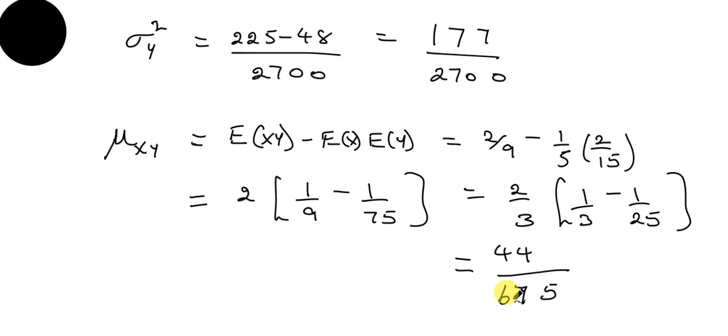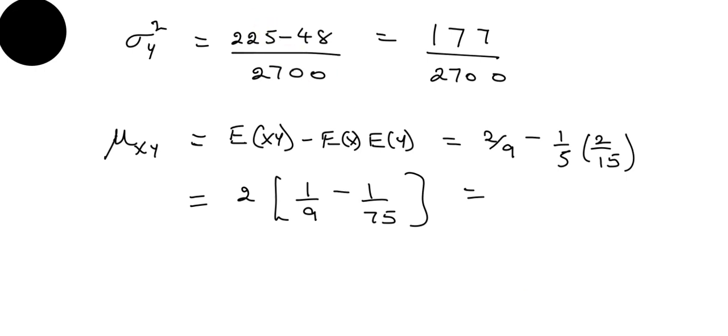I suppose it is 675. Please check if I am correct. I have taken my 2 outside. So I will have 75 minus 9. 75 minus 9 would be a 64.